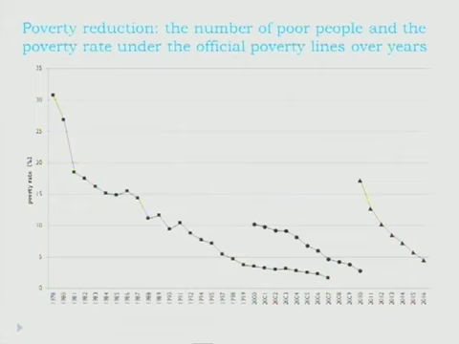Before 2000, the government used a quite low poverty line; from 2000 to 2010 they updated the poverty line, and from 2010 updated it again. But whatever poverty line is used, you will find the poverty reduction in rural areas is quite significant. That means more and more poor people get out of poverty, which also contributes to income growth in rural areas.